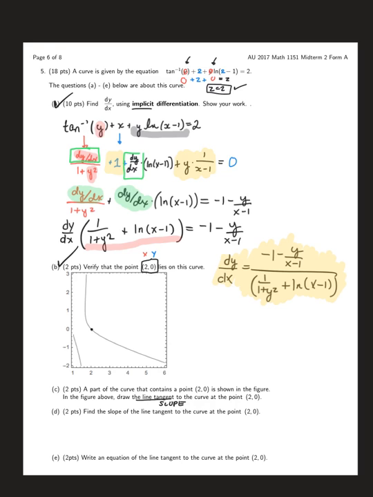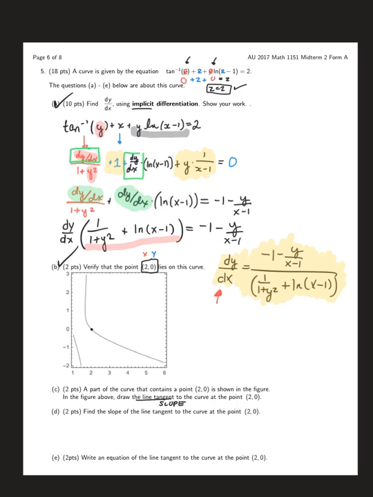So what I want to do is find the slope of the tangent line at (2, 0). And to find the slope of the tangent line, we need the derivative. But guess what? We already found the derivative. This here is the derivative. So I'm going to go ahead and calculate the slope of this tangent line by plugging it in.